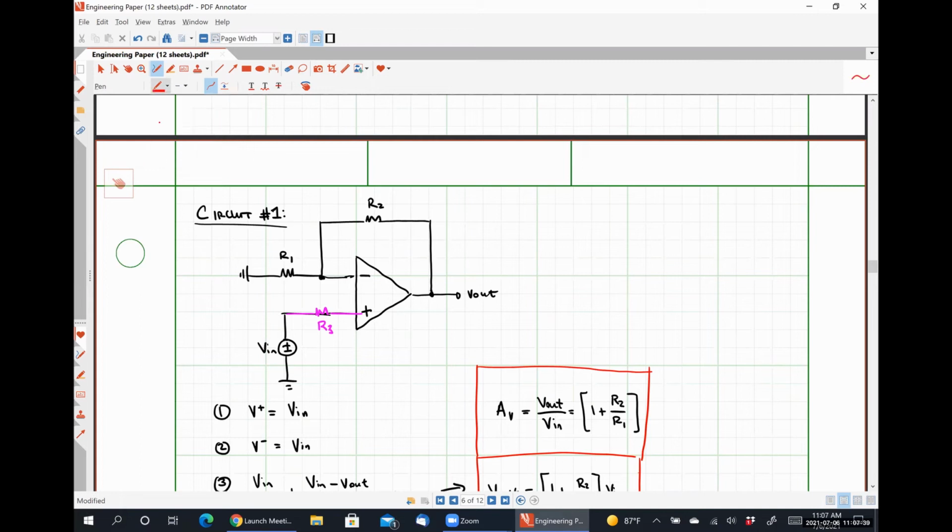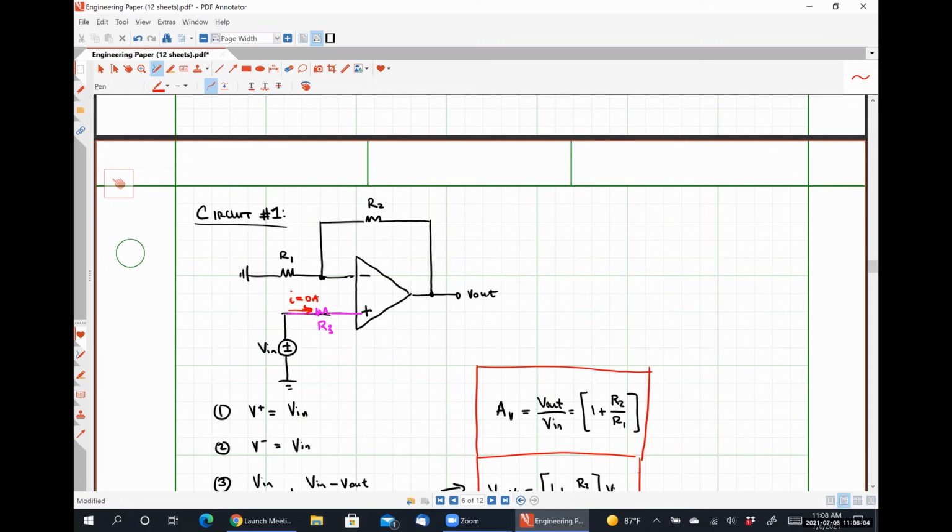All right. What is that current in red? What does it have to be? Oh, it has to equal 0 because it's going into the input. Right, which means the voltage drop over that resistor R3 has to be 0.